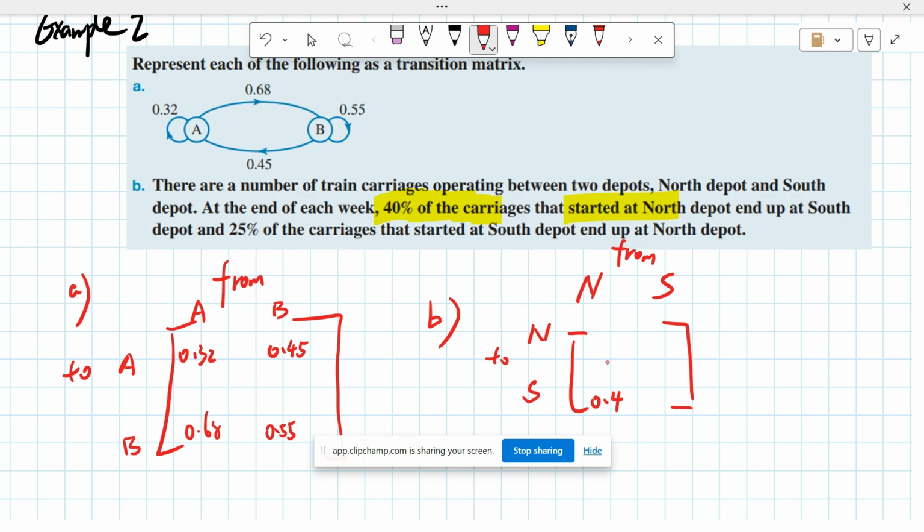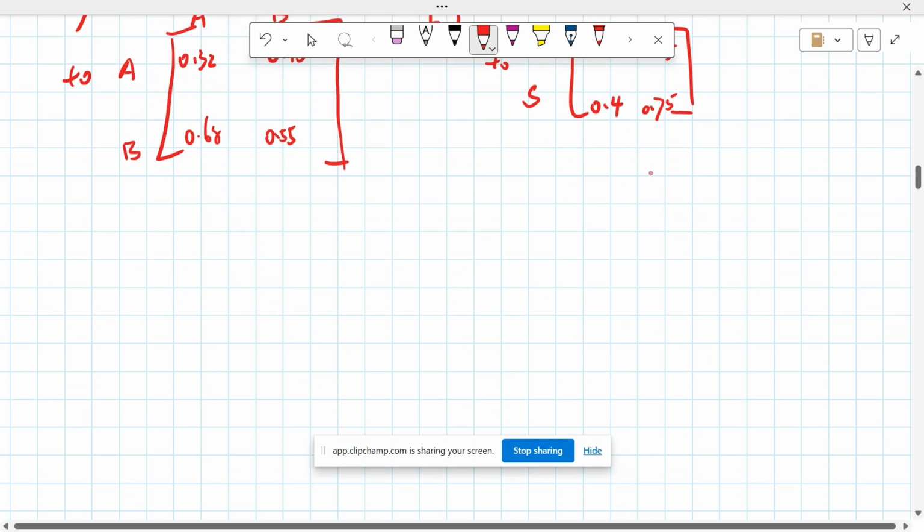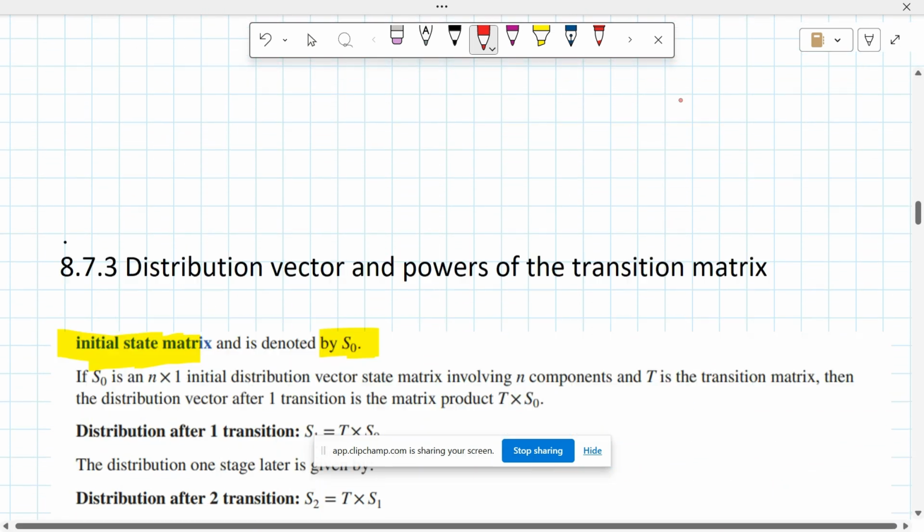And 25% start from north and end at north, 0.25. Hmm, so that gives 0.75 and 0.6. That's the transition matrix.